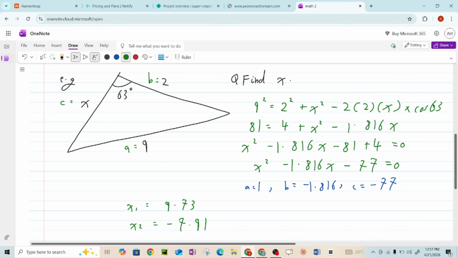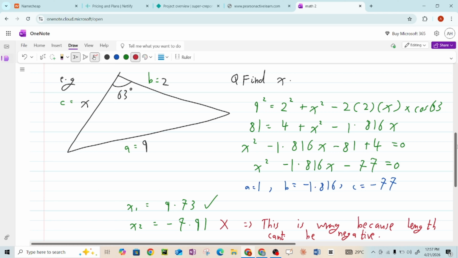No, the length can never be negative. That means our only answer over here is this one. We cannot take this. This is wrong, because length can't be negative.